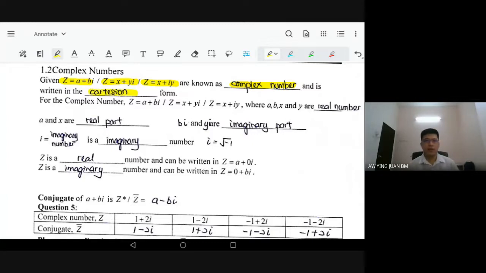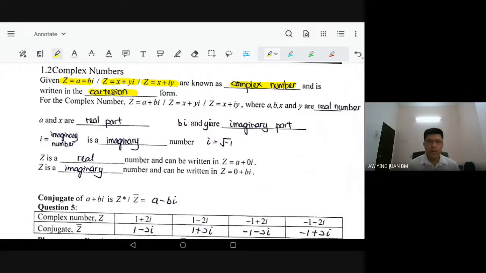Okay, Cartesian form. Lesson ini kita akan bincang dengan deep petang nanti, 2 to 3. So, you just ingat Cartesian form for the complex number, which is the A plus BI.